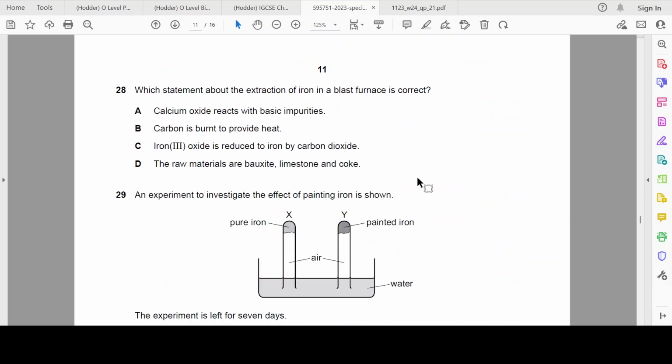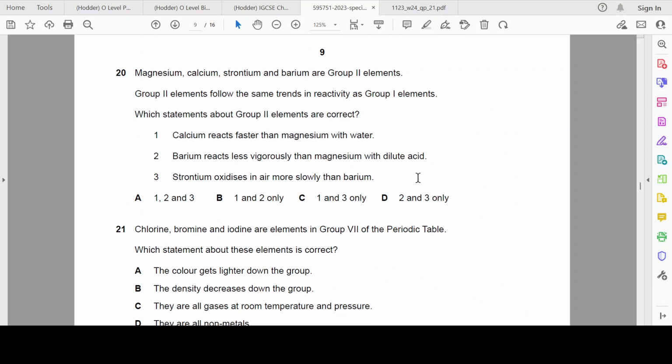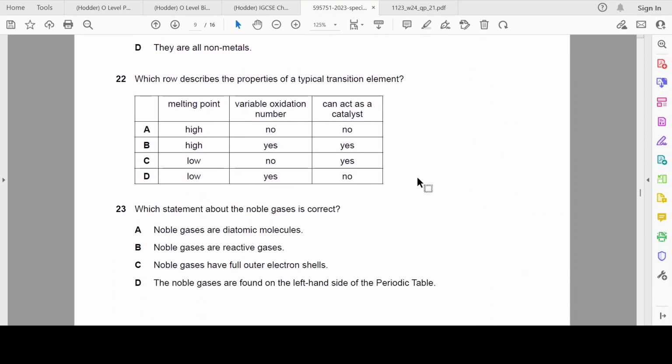So what would be the properties of a typical transition element? They have a high melting point. Yes. So for you, that would give options A and B. Which one will you go for?